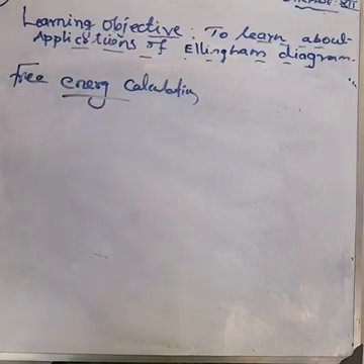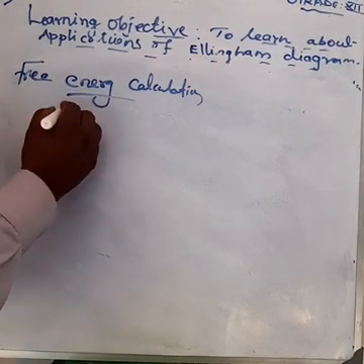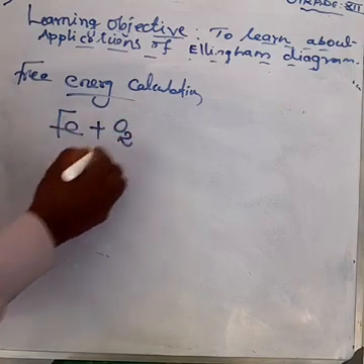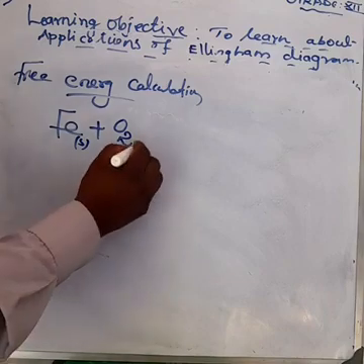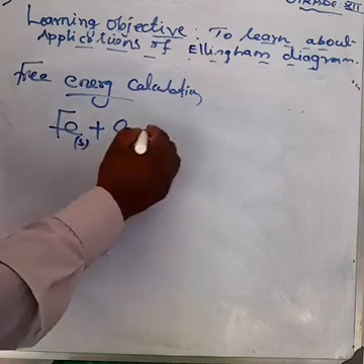From the Ellingham diagram at 1500 Kelvin, iron, Fe, a solid, reacts with oxygen gas to give iron oxide.